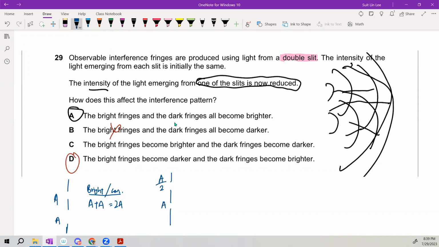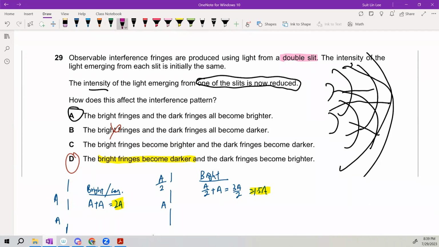Reduce by how much? I just reduce by any number that is convenient to me. In this case, the bright fringe will be A over 2 plus A, which is 3A over 2 or 1.5A. So we went from 2A to 1.5A. The bright fringe becomes darker.